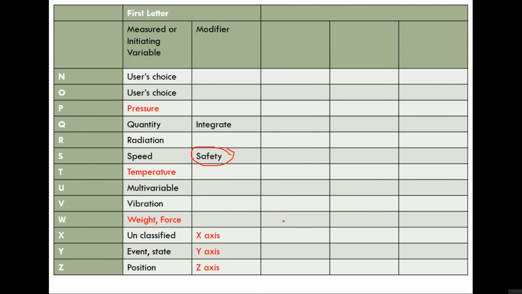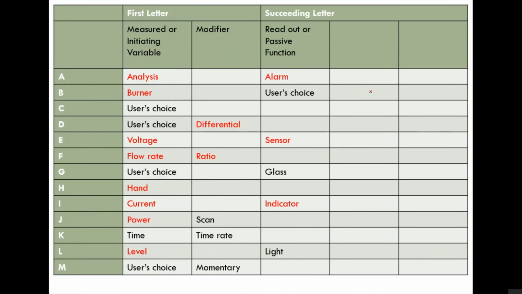Okay, so these are the modifiers. Now we are going to discuss succeeding letters. I told you that in some situations we can see two letters simultaneously. At that point, the first one is the readout variable and the second one is the control variable, the output variable.